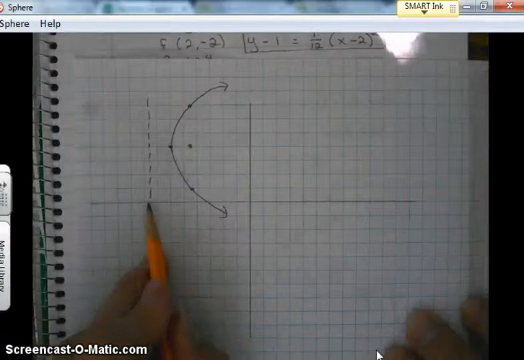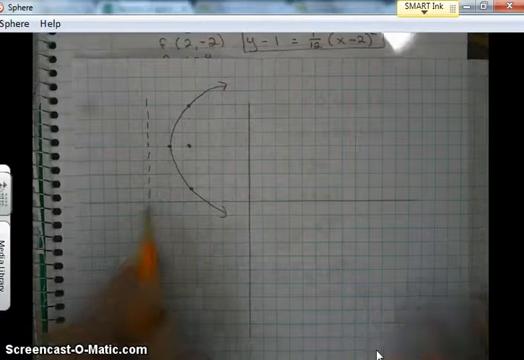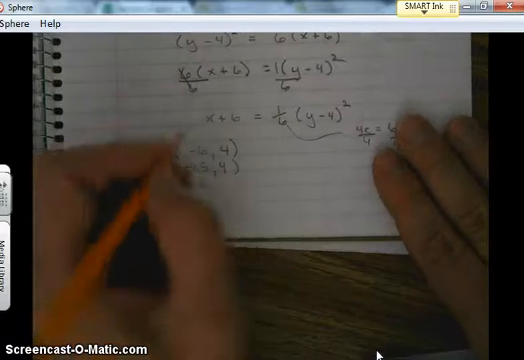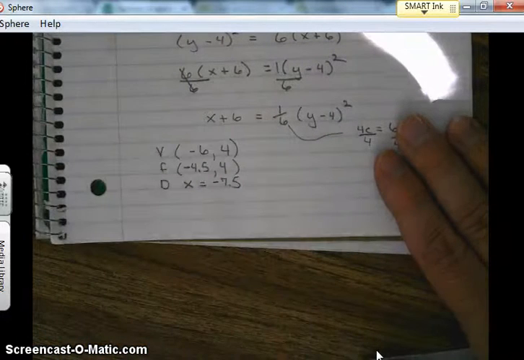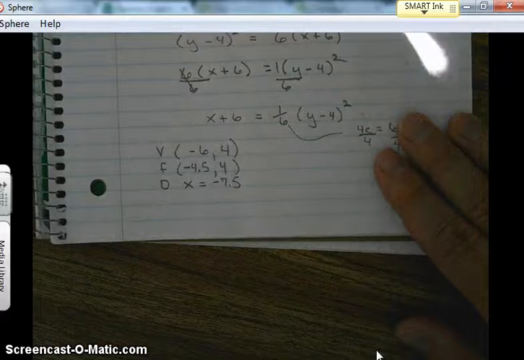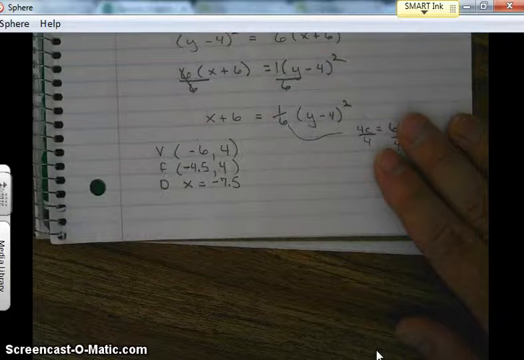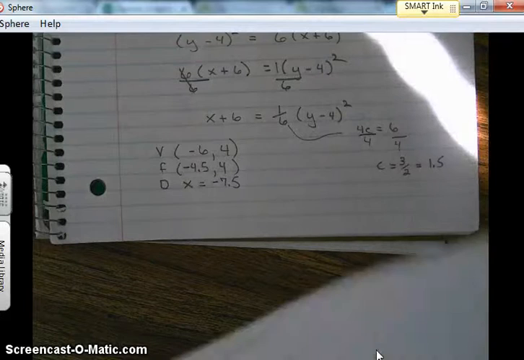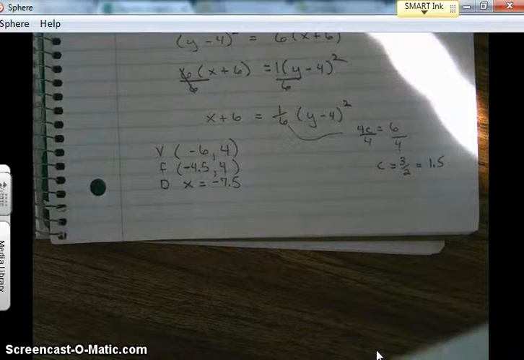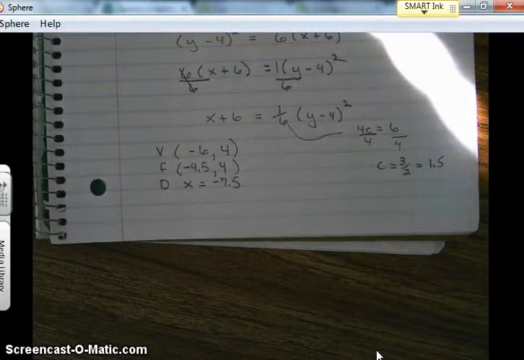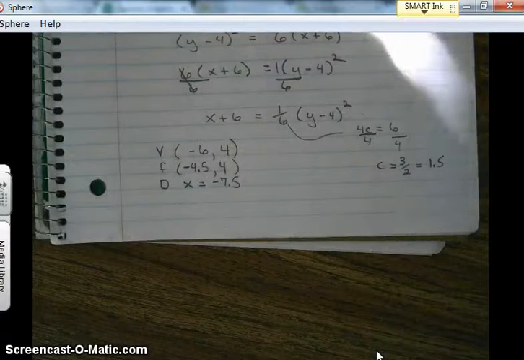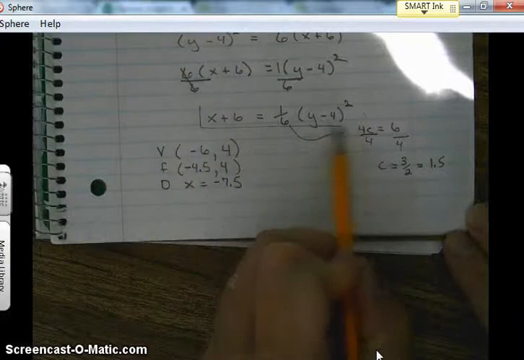Sorry about that. -7.5. So x equals -7.5. And what else am I missing? Focus, directrix, vertex. Let me look at the worksheet quick, if I can find it. And we also have the equation right here.